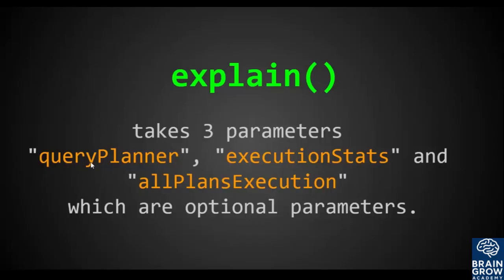So by default, queryPlanner is the parameter. These are the three parameters we can use depending on our requirement. Like Mehmet, who was looking for the execution stats, he can use the executionStats parameter in the explain method to get the desired result. So let's see how he can do that.